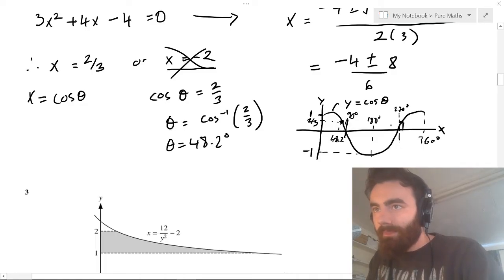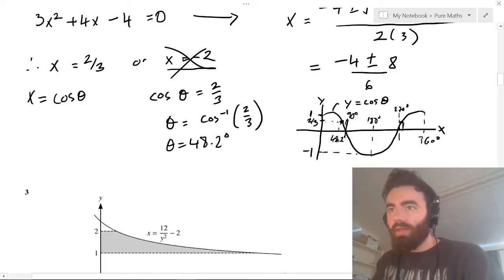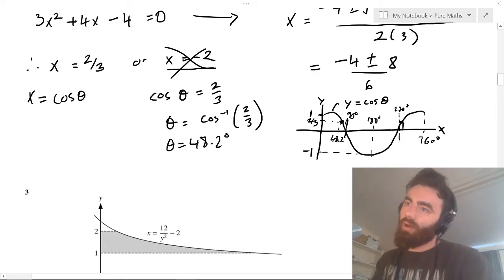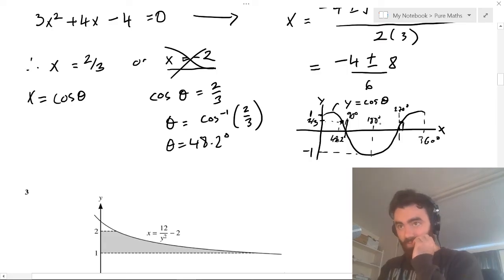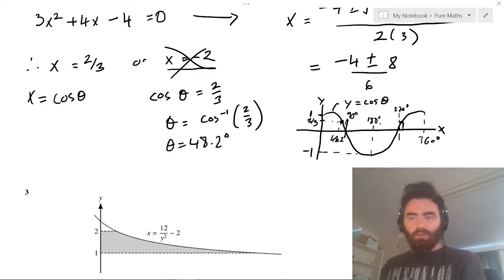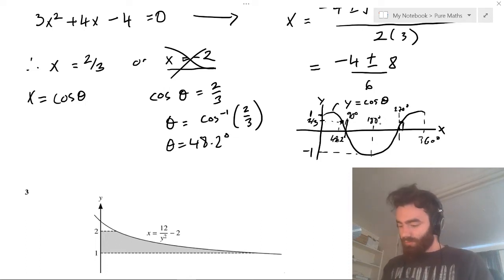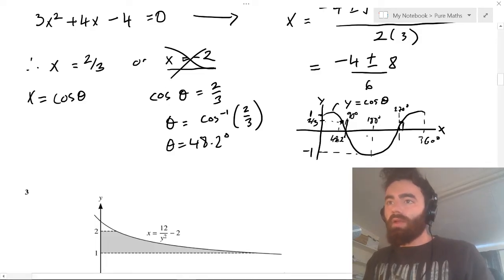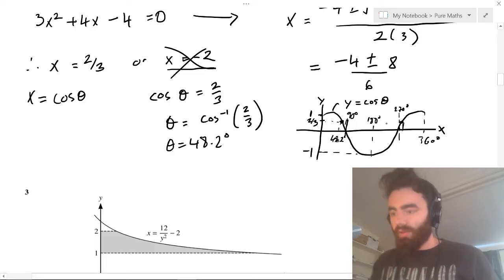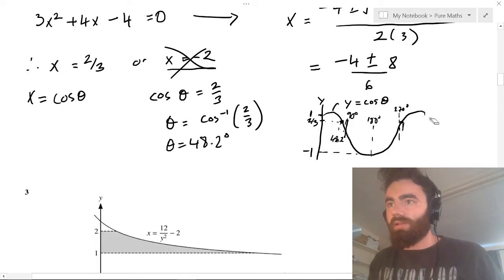Because it's symmetric, that means that the distance here is the same as the distance here. So you're going to get another solution. I feel like if we draw this bigger, it's kind of hard to see.